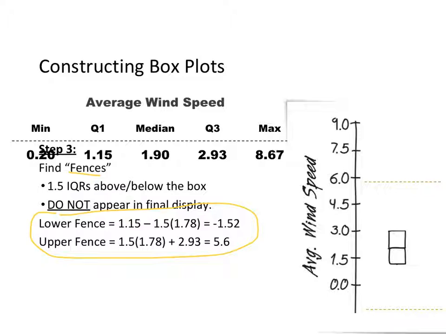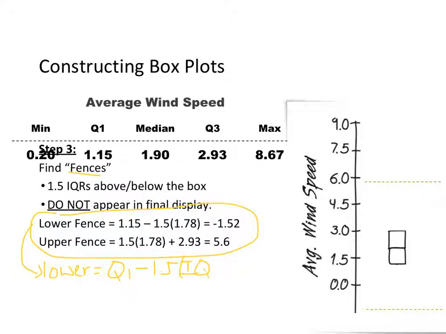To find your lower fence, this is how this is constructed. You take your first quartile, you minus 1.5 times the IQR.